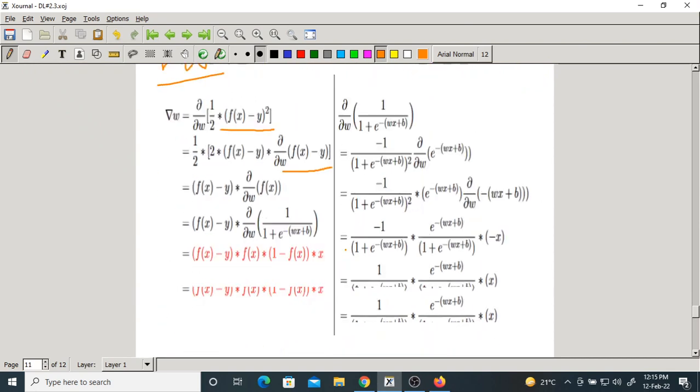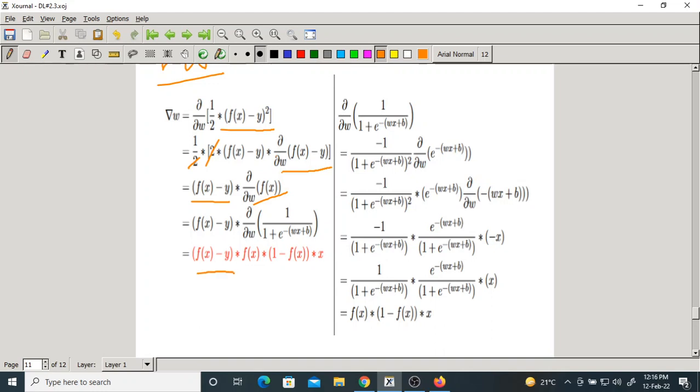So we are doing the same thing here. 1 by 2 cancels. Here y is a true value, independent of w, it's just a value. It's only f of x that matters, because f of x is a function containing w and b.